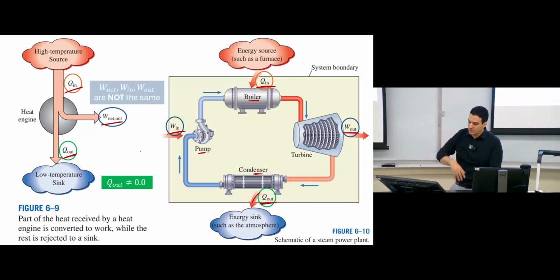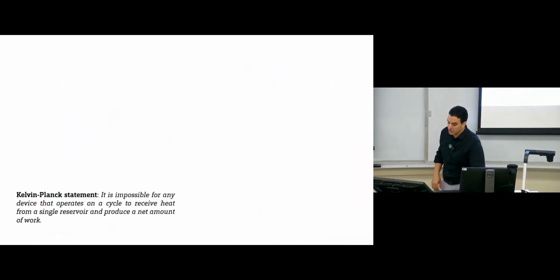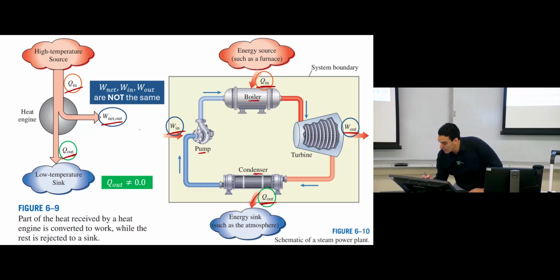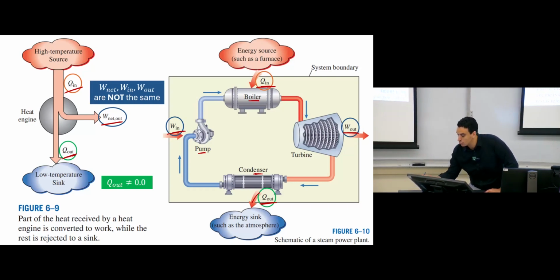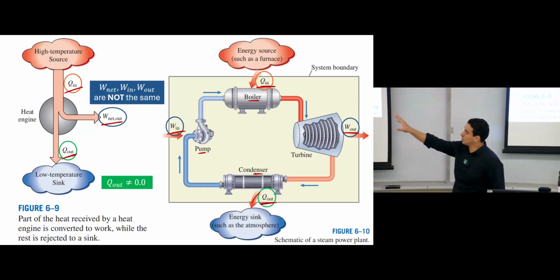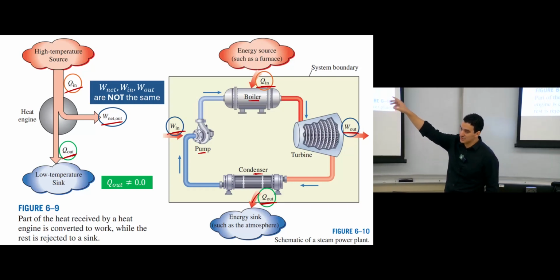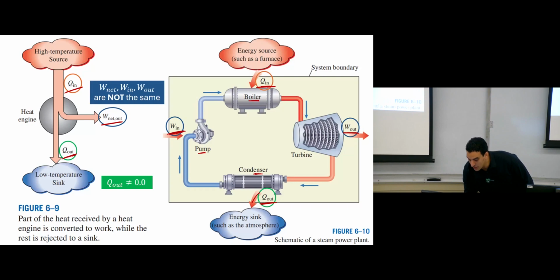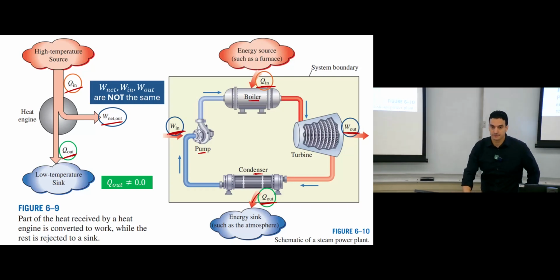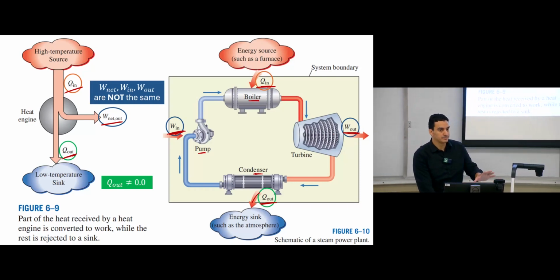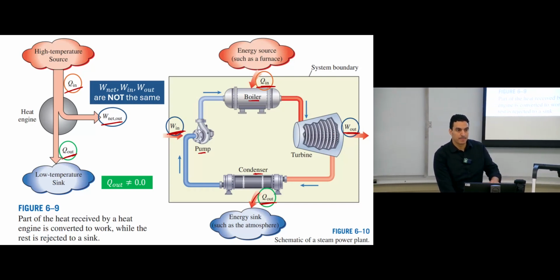So we have a relationship between them, that they are not the same. The net work is work out minus work in. Just to make sure of the comparison between them: the net work in the simplified diagram is just the difference between the work in we add to the pump and the work out we obtain from the turbine. Okay, is this concept clear?